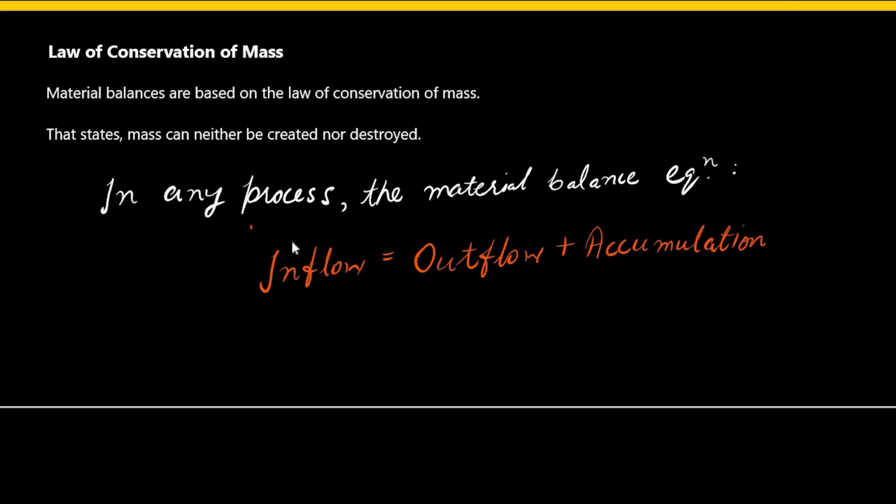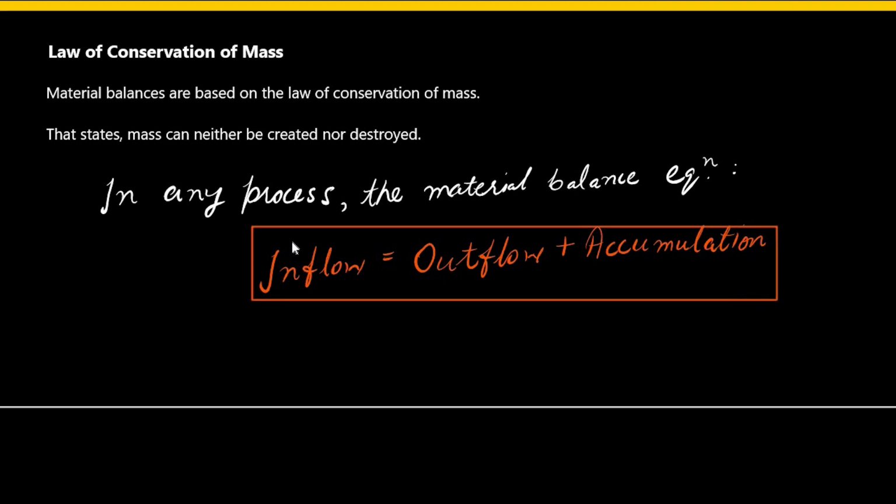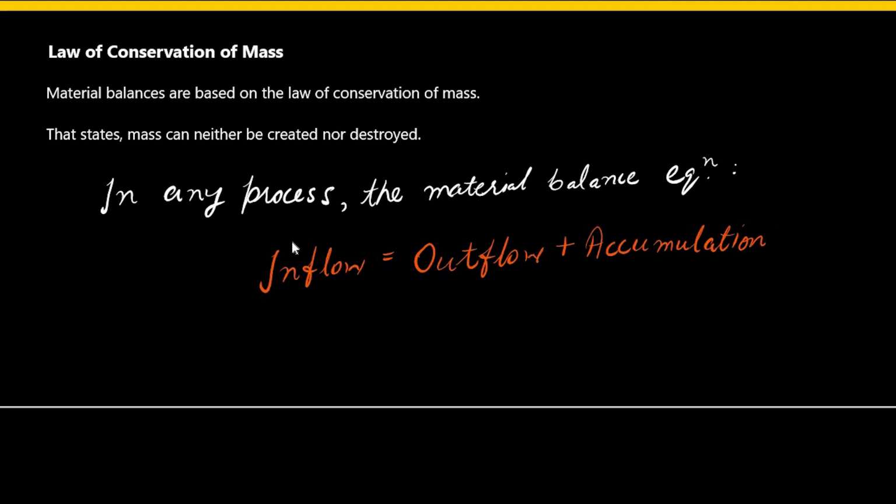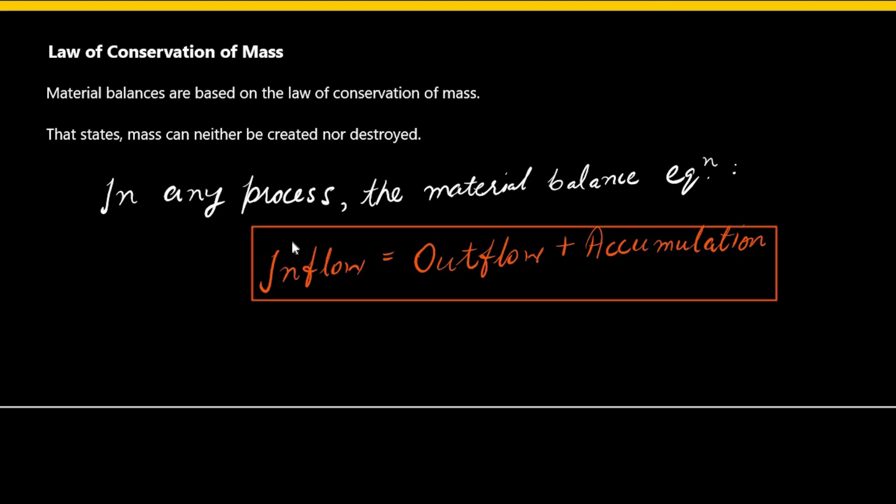Let's do this once again. That's much better. Okay. So inflow is equal to outflow plus accumulation. Now, inflow is the amount of feed or any component or any fluids that are entering the system.